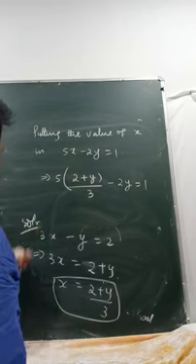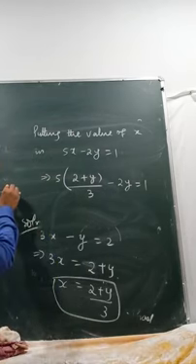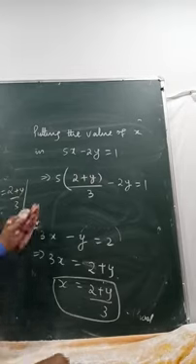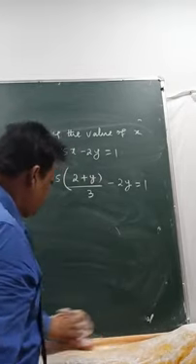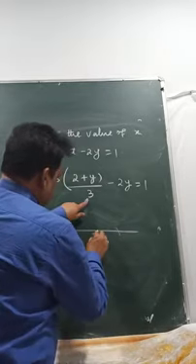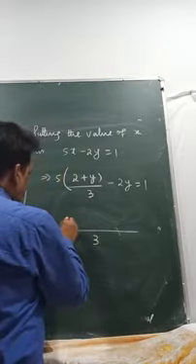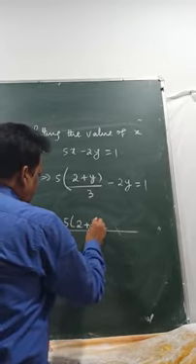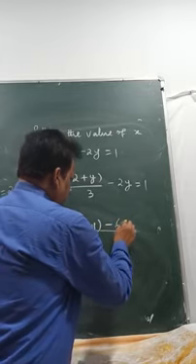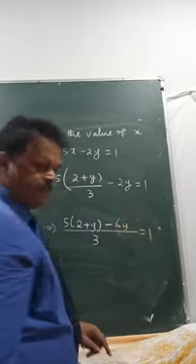Okay, x equals to 2 plus y by 3. Now how to solve it? Take the LCM. 3 is LCM, so 5 into 2 plus y, this 3 will be multiplied to this, 6y equals to 1.